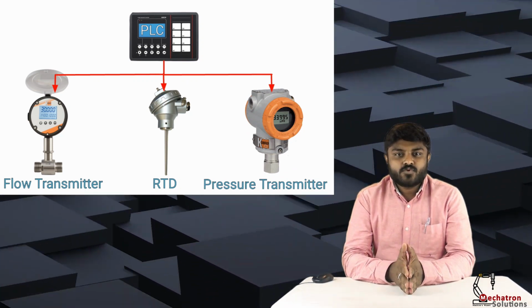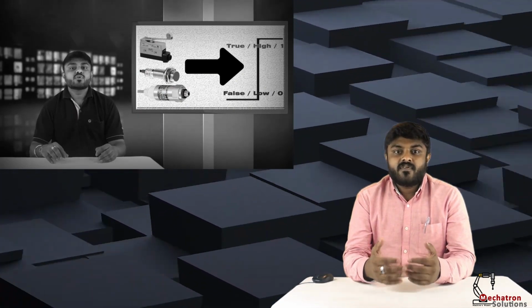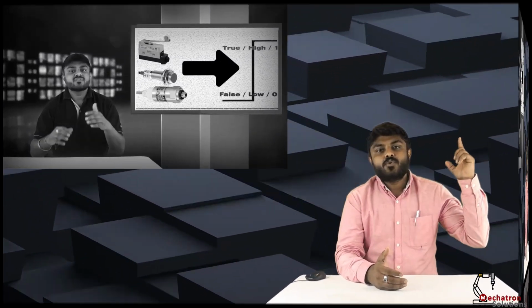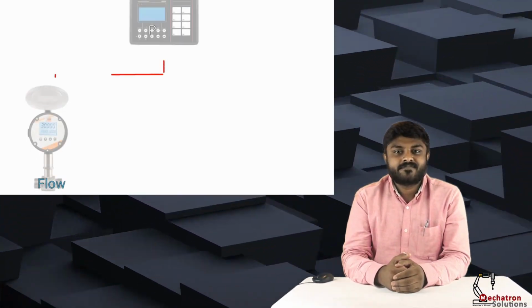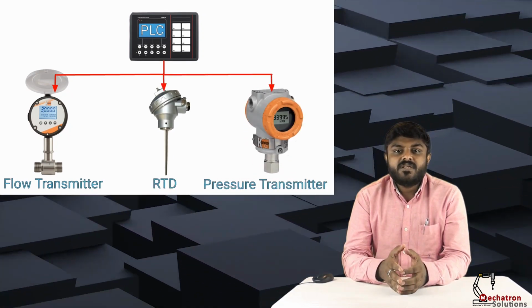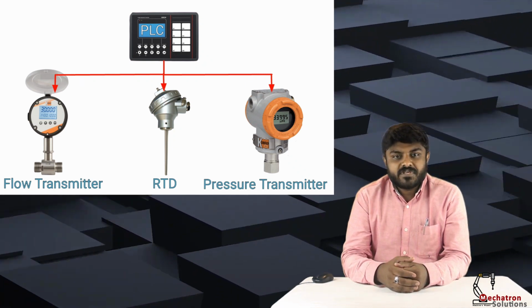Before starting, if you have not seen my previous video, please watch it first. The link is given in the I button. Now we continue with analog input and analog output for automation systems.